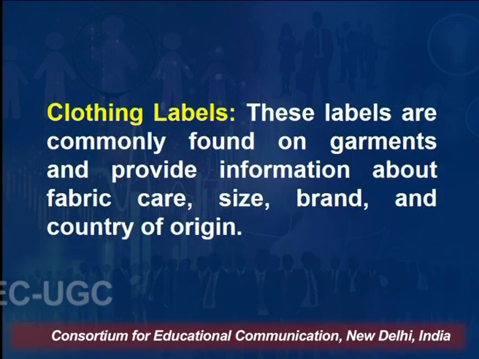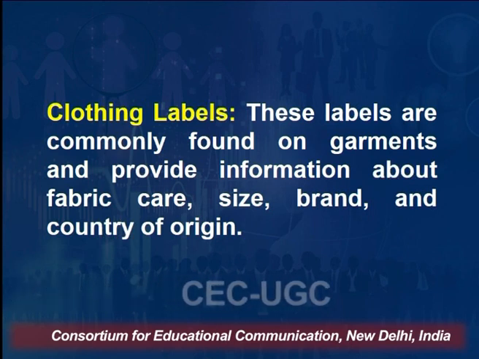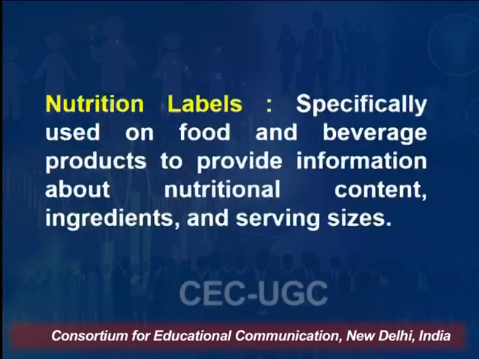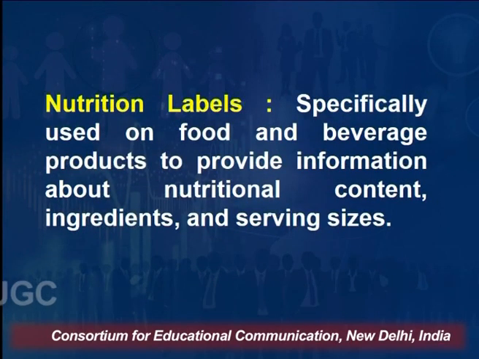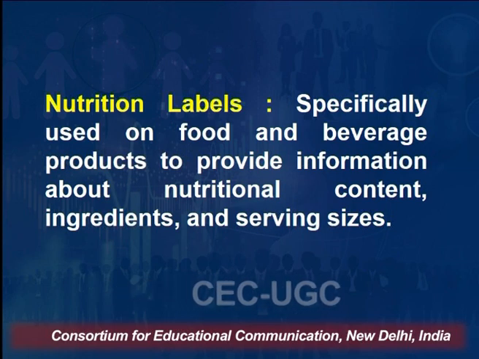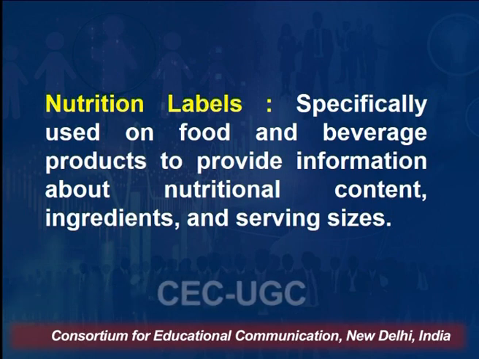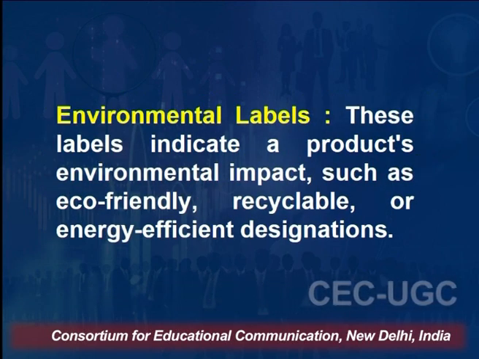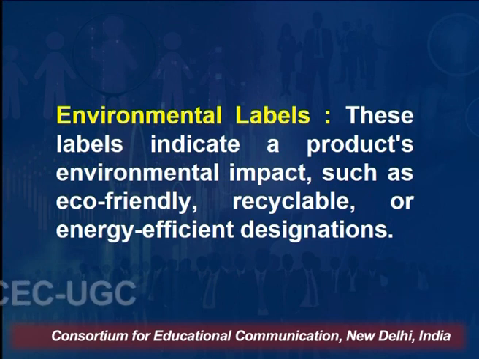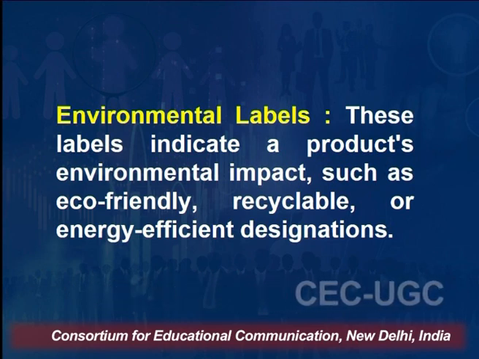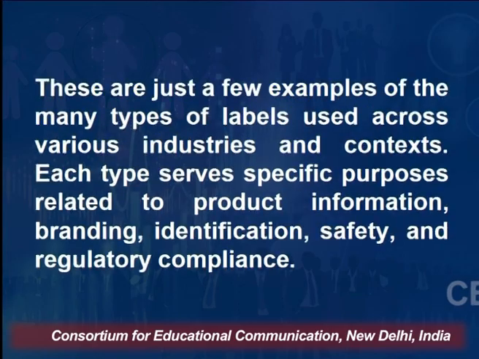These labels are commonly found on the garments and provide information about fabric care, size, brand, and country of origin. Nutrition labels, specifically used on food and beverage products to provide information about nutritional content, ingredients, and serving sizes. Environmental labels. Now these labels indicate a product's environmental impact such as eco-friendly, recyclable, or energy efficient designations.